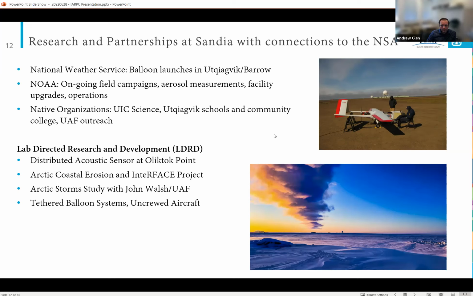At Sandia, we've got a number of laboratory-directed research and development studies that are focusing on both NSA and Utqiaġvik Point, which is just to the east. We, being Sandia, manage a site there that has restricted airspace, so we can do things with UASs or tethered balloons there a lot easier than we can in Barrow itself. So there are a number of different endeavors and projects that we've got going on in those locations.